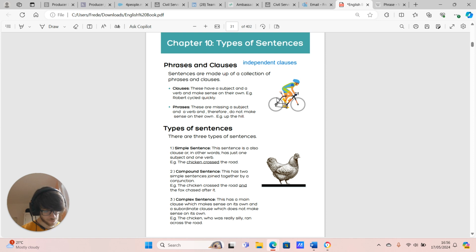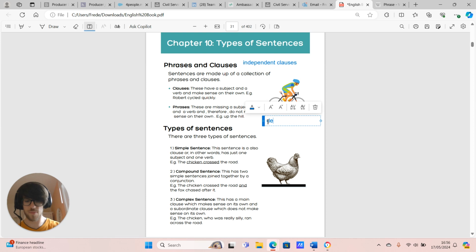So, the other end of a clause, because if you have an independent clause, what's the other side of it? Well, I'll tell you. A dependent clause. So if you're independent, you function just fine on your own. If you're dependent, you rely on something else, right?